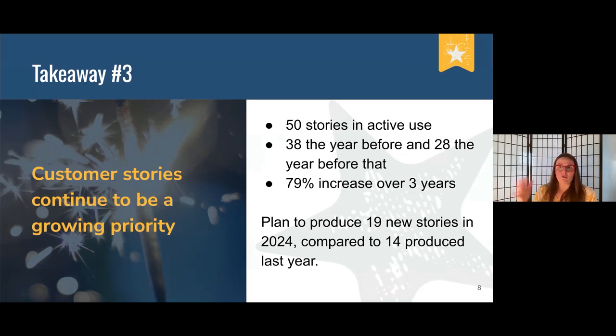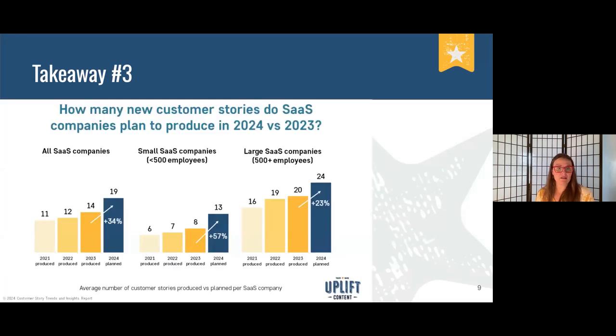And then looking forward to this year, to 2024, companies plan to produce 19 new stories this year compared to the 14 that they actually produced last year. And I'll show you a bit of a breakdown on this next slide here. So those numbers that I spoke about are here, where we did an average of all companies.